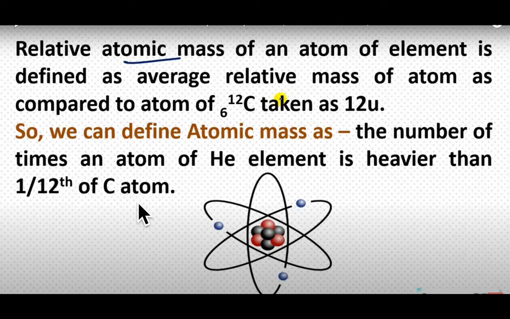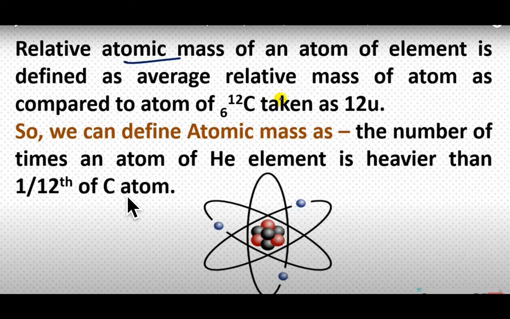Helium is 4 times heavier than 1/12 of a carbon atom, so the atomic mass of helium is 4U. Similarly, we compare other elements by 1/12 of a carbon atom, that is taken as the atomic mass.